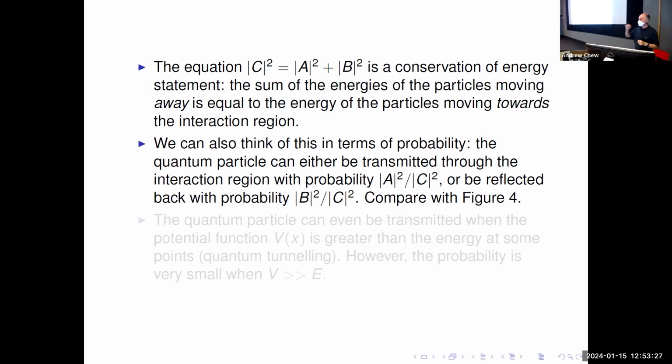So if we think of a single particle being fired towards this interaction region, then it has probability a squared over c squared of being transmitted, or probability b squared over c squared to be reflected back. And so our equation is just the sum of those probabilities is of course 1.